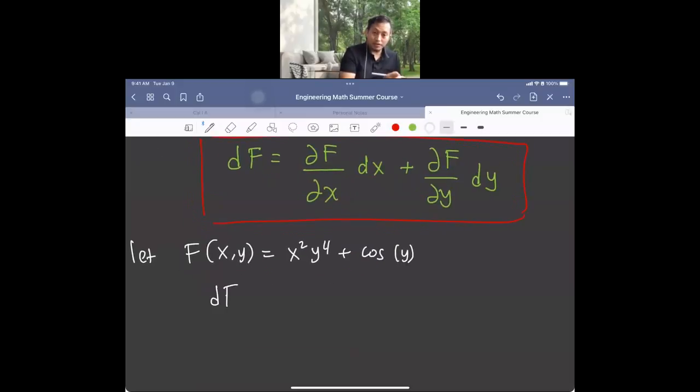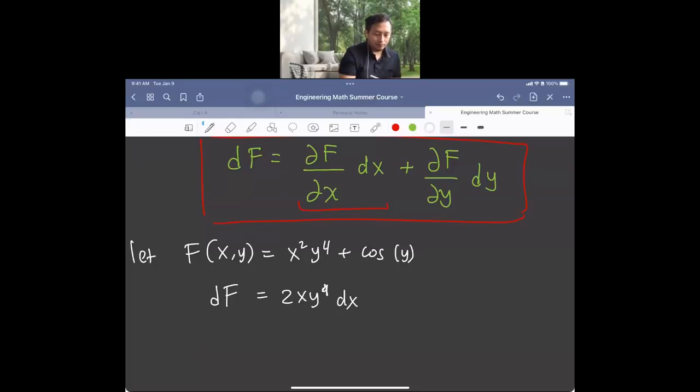Now take df, make a partial. So first, the first component, we take partial x, so we just differentiate with respect to x. Okay, so 2x y to the 4, and cos y is just 0 because in partials we treat y as a constant.